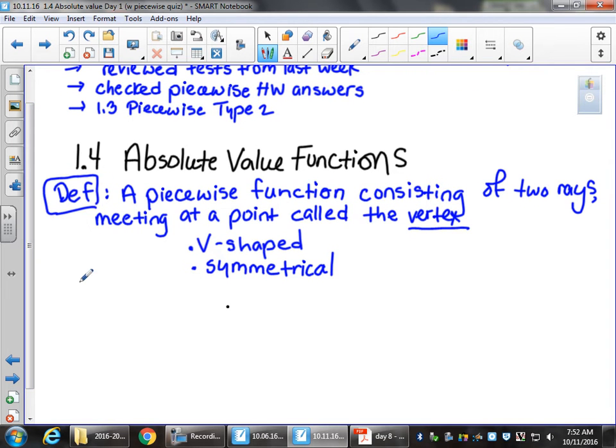So we have our definition. Let's get our general form. It says general. Let's try that again. General form.